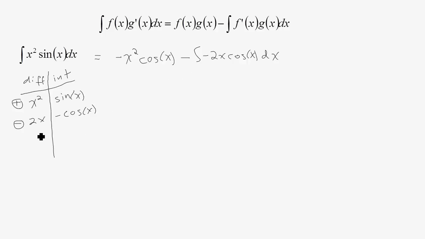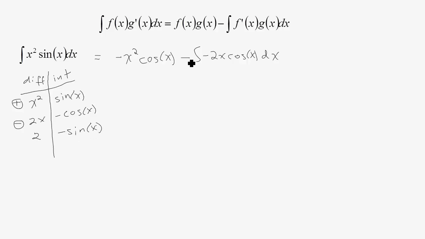So if I differentiate this 2x, I get 2, and if I integrate the negative cosine x, I get negative sine x. Now, if I was just trading in this 2x minus cosine x, I traded in for this product minus the integral of that, right?